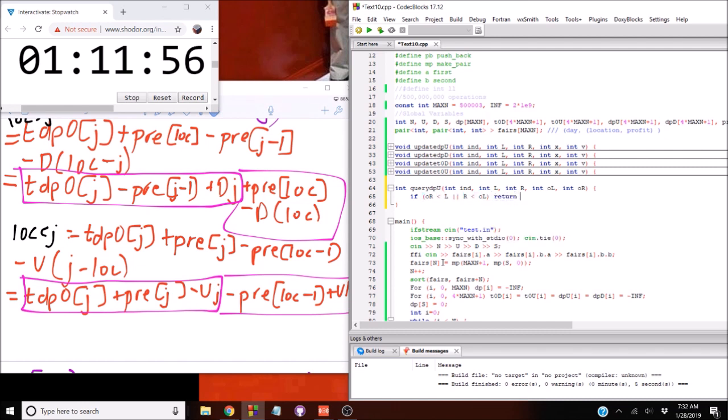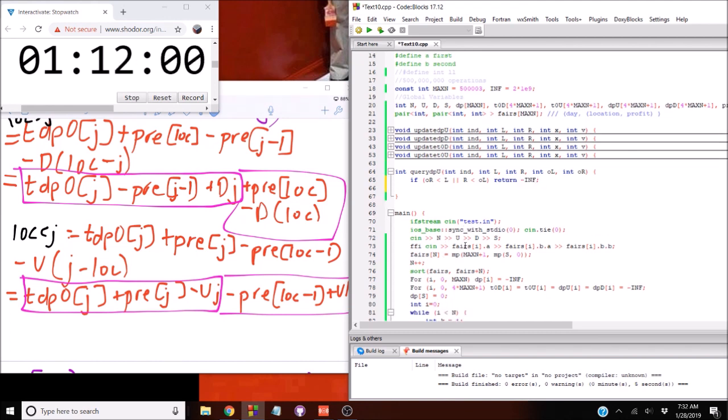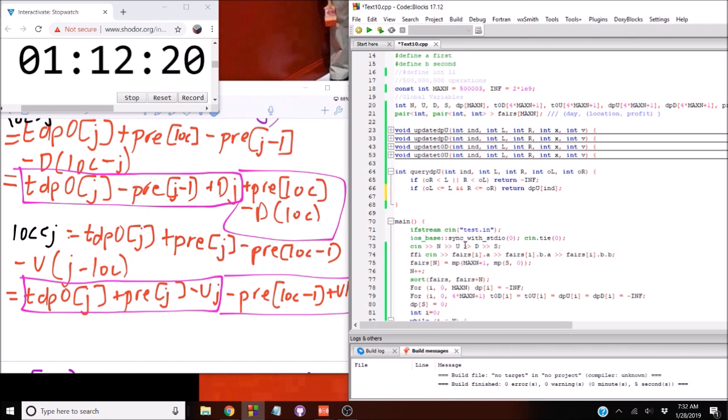Means if you're not in range, this is the max, I'm returning negative infinity. This means that we are completely in range. Cool.